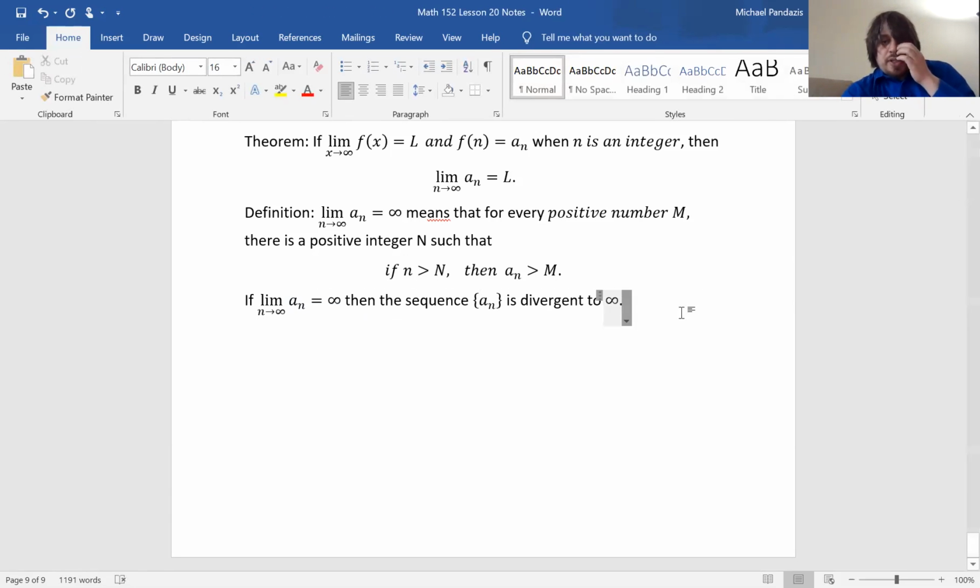Okay, so a sequence is divergent to infinity if the limit is infinity. Okay, and so next time we will talk more about limits, and I'll talk about laws about these limits.